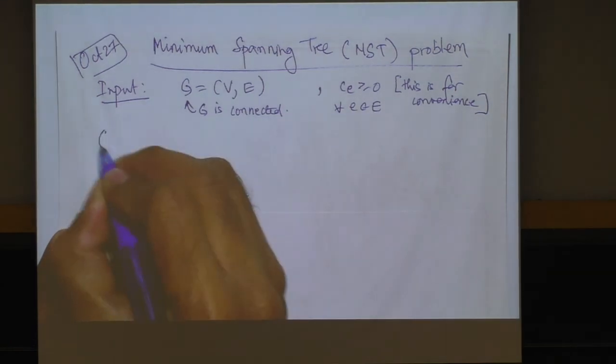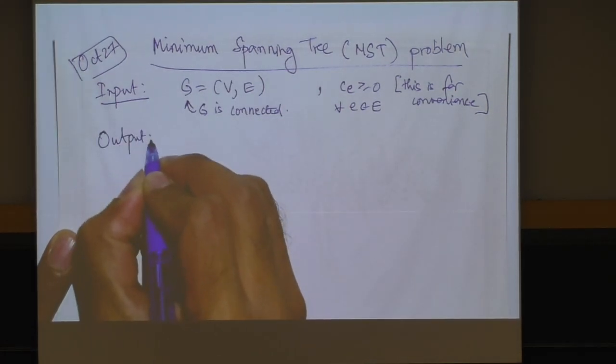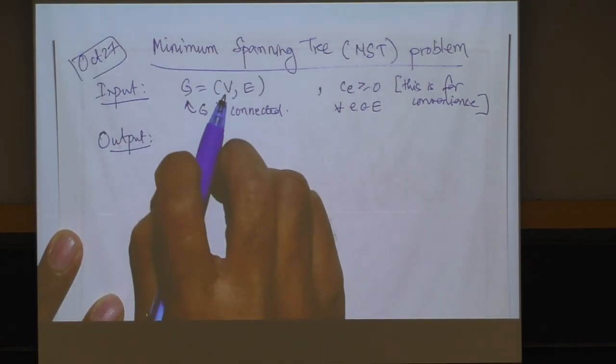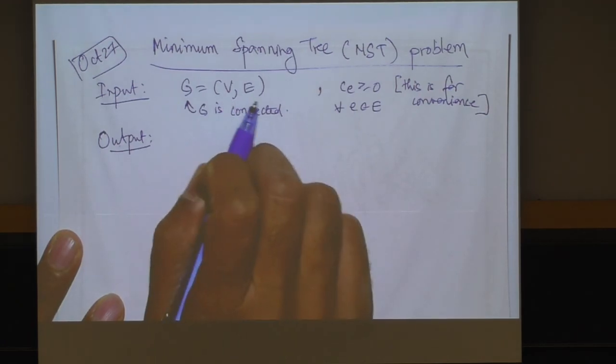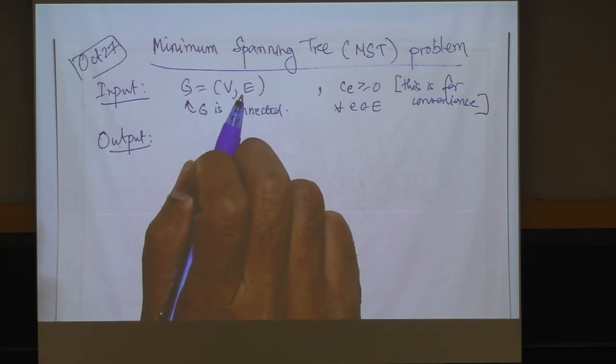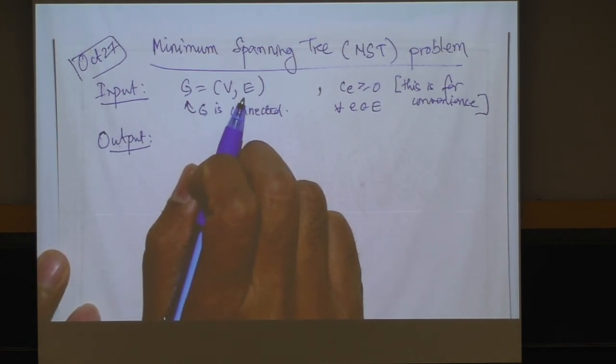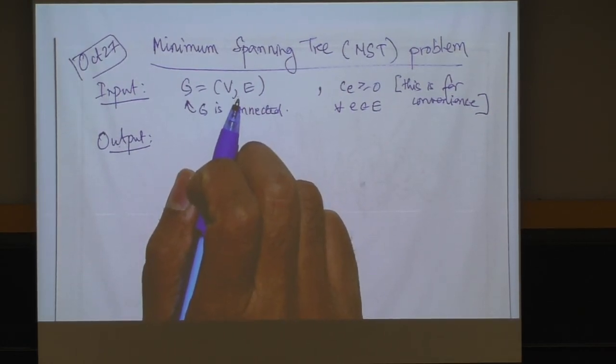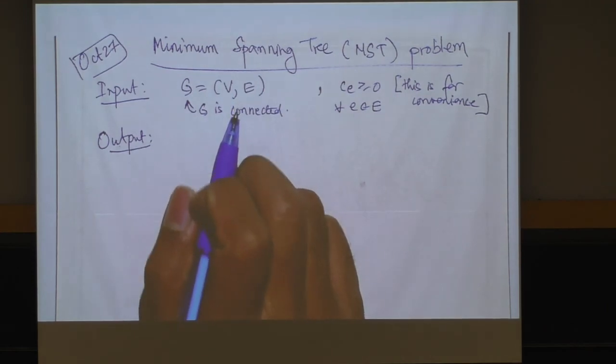All right, so what do you want to output? So again, the vertices in V are the locations that need to be connected. The edges in E are the pairs that can be connected, right, due to some physical reason. And what you want to do is just pick the smallest subset of edges that keeps everything connected.